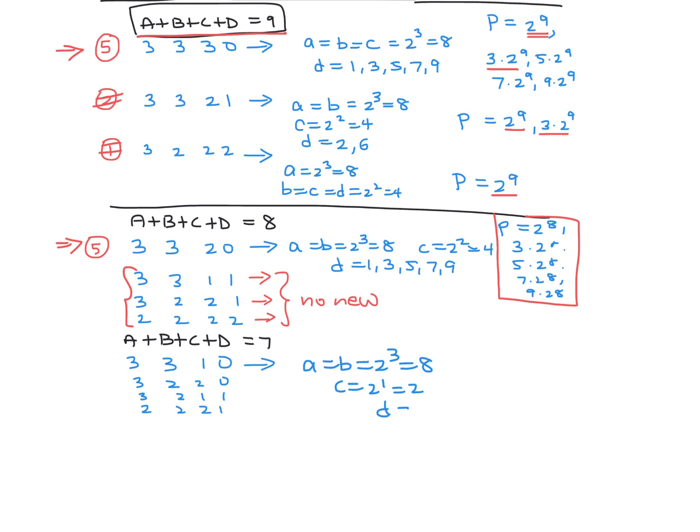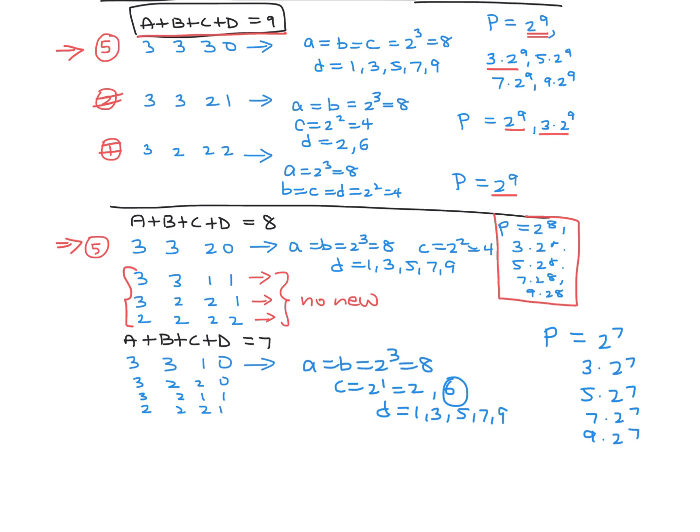C actually could be 6 also, since 6 has 1 power of 2. And then d is going to be either 1, 3, 5, 7, or 9. So now this will give you a few p's: 2 to the power of 7, 3 times 2 to the power of 7, 5 times 2 to the power of 7, 7 times 2 to the power of 7, 9 times 2 to the power of 7.